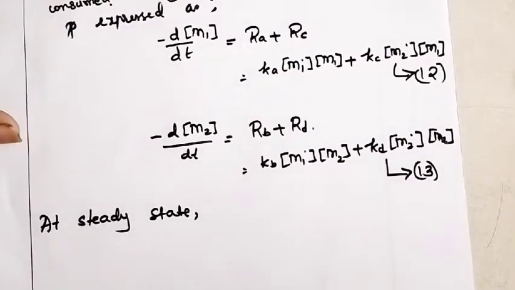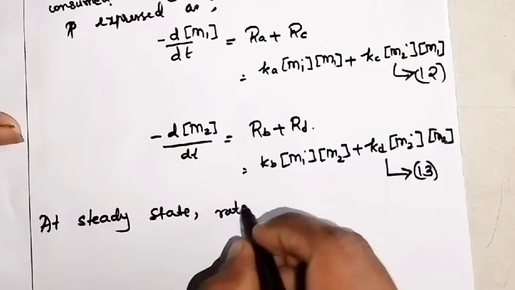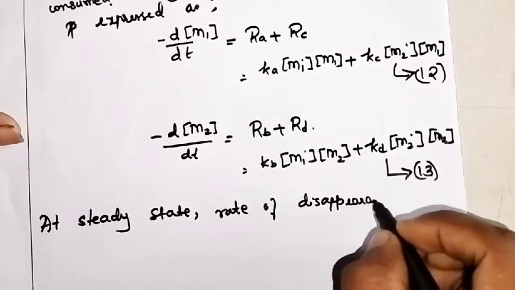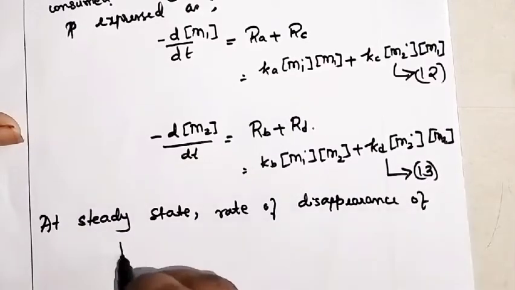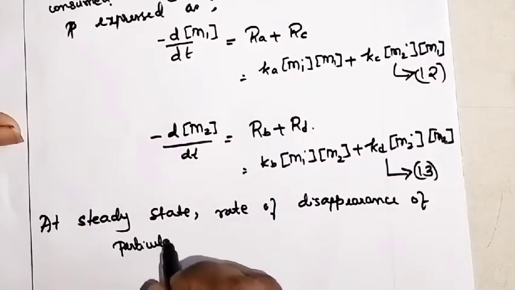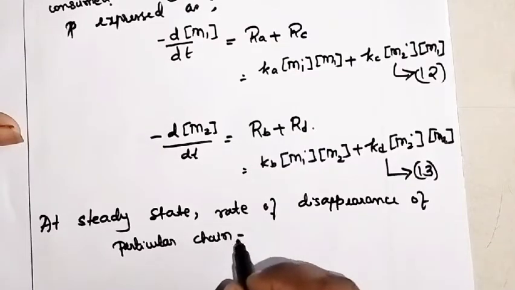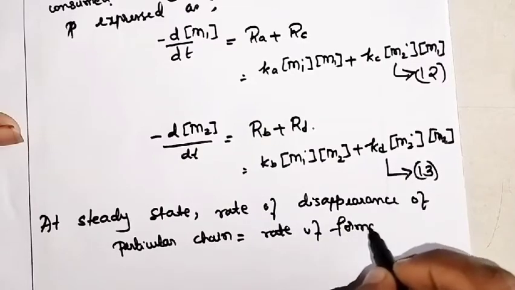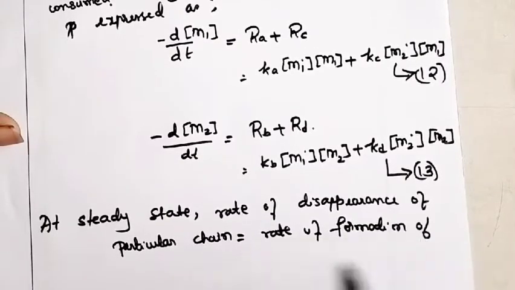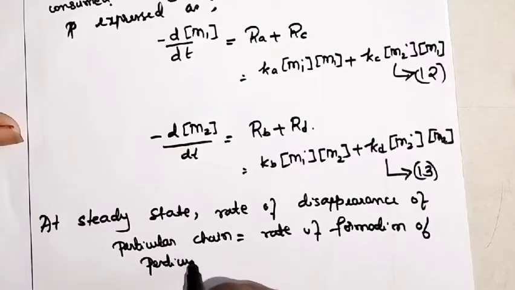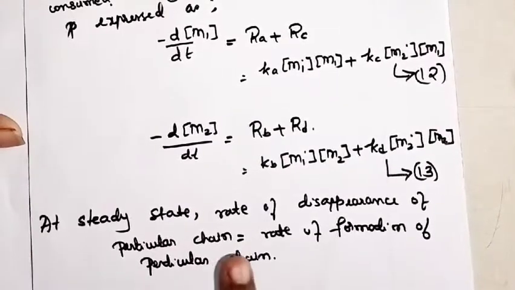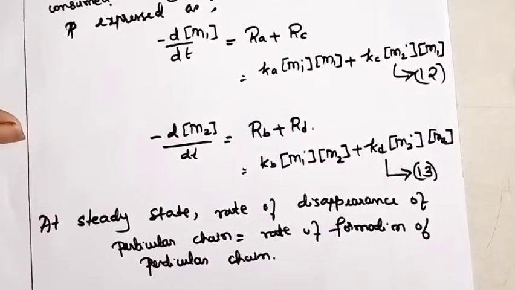So at steady state, the rate of disappearance of a particular chain is equal to the rate of formation of a particular chain. Okay, so this is at equilibrium. The rate of disappearance of a particular chain must be equal to the rate of formation of a particular chain.